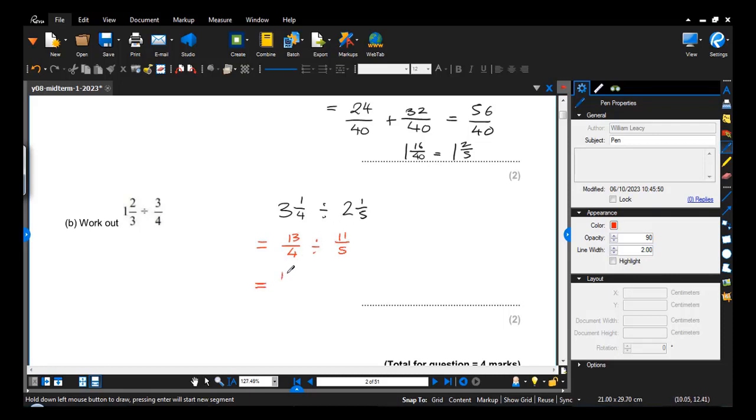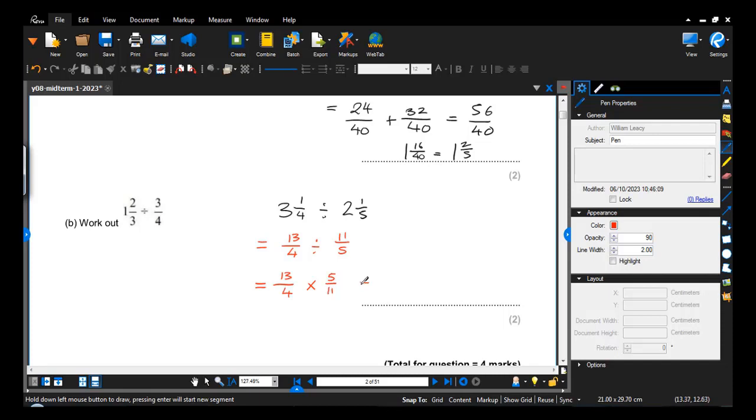That equals 13 over 4. Remember, if you divide by a fraction, you can just change the sign and invert the fraction, or what you might call keep, flip, change. So we're going to multiply and invert it, turn it upside down, by 5.